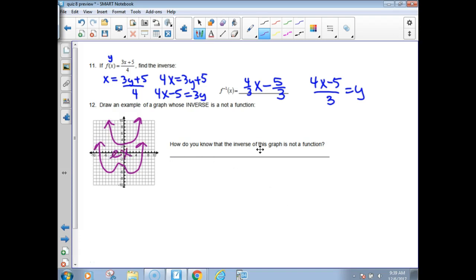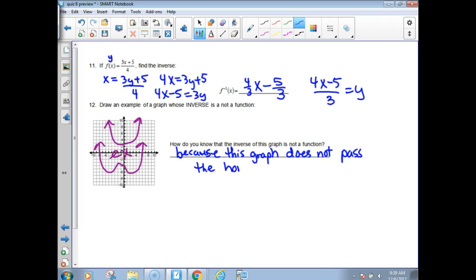So how do you know that the inverse of the graph is not a function? What I just said a minute ago is why. Because this graph does not pass the horizontal line test.